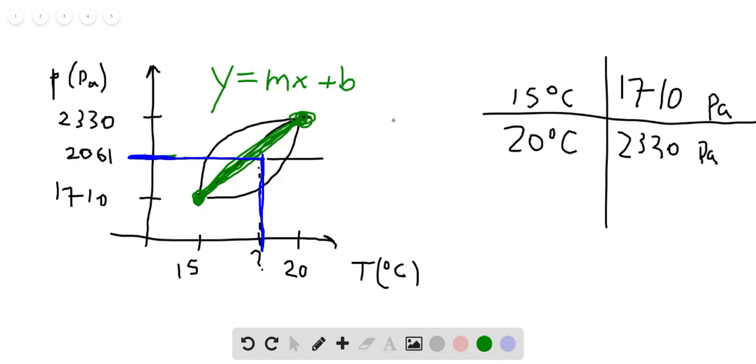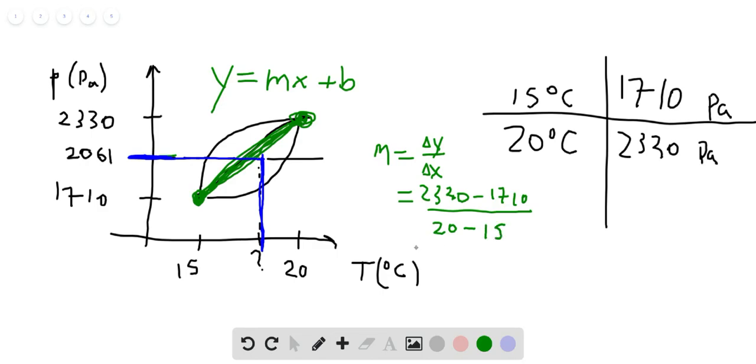We can find our slope, m. M is delta y divided by delta x. And so delta y will be 2330 minus 1710 divided by 20 minus 15.